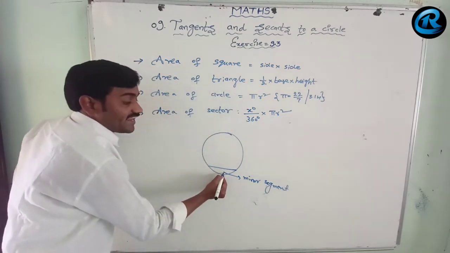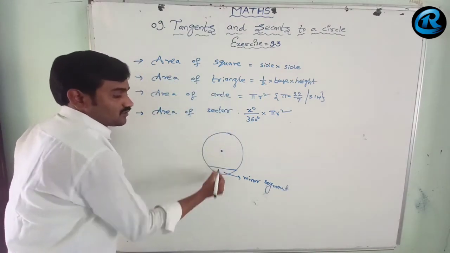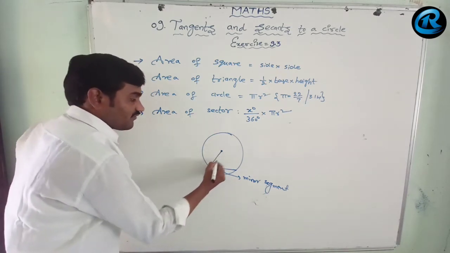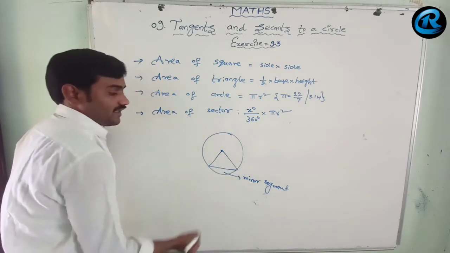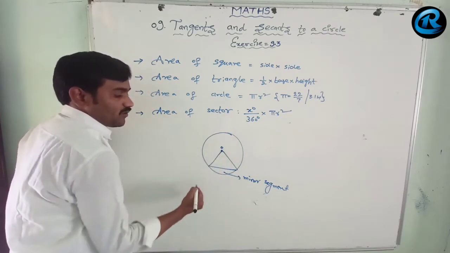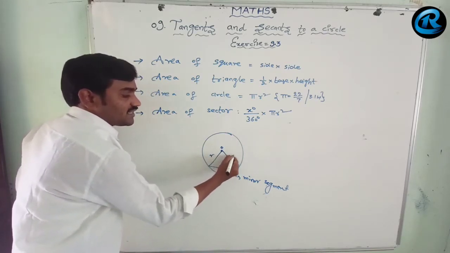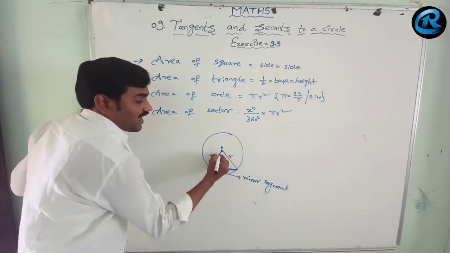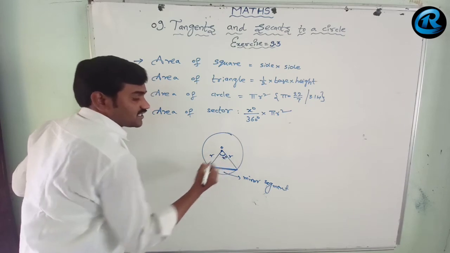How do we find the area of this minor segment? We don't know a formula yet, so we get it like this. It is a center point O, with radius r and radius r. With the length of this chord, some angle forms here, that is x degrees, suppose.